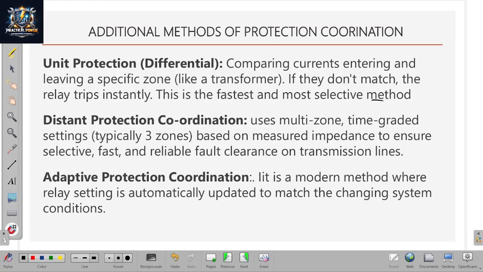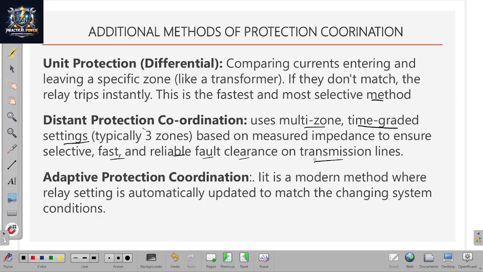Then the other method is distance protection coordination. It uses multi-zone, time graded settings. Typically three zones are there, based on the measured impedance, to ensure selective, fast and reliable fault clearance on a transmission line.